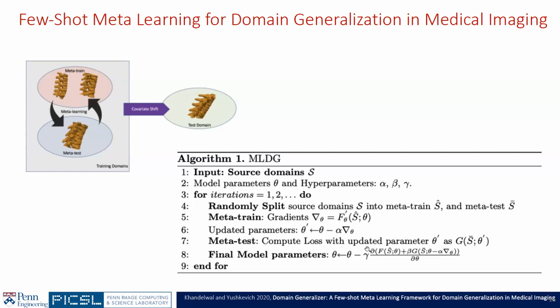So what we did in this particular step is that to get the final model parameters, we first started with the meta train step to get some parameters. And then using this prior knowledge from the meta train step, now we are updating the meta test step. So using source domain 1 and 2, I am updating the network for source domain 3.